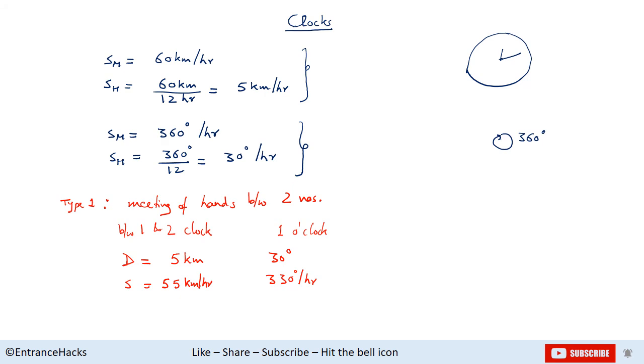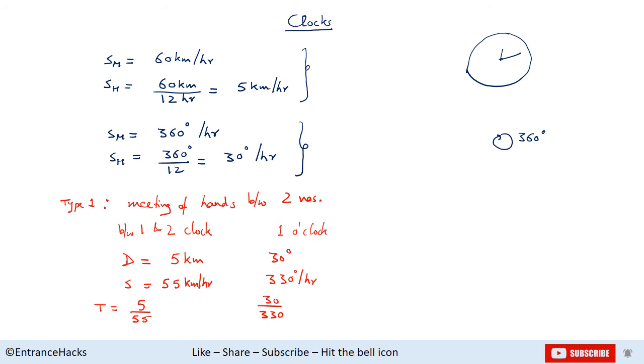So when will they meet? So time will be distance upon speed, so it will be 5 upon 55, or in terms of degrees it will be 30 upon 330, right?